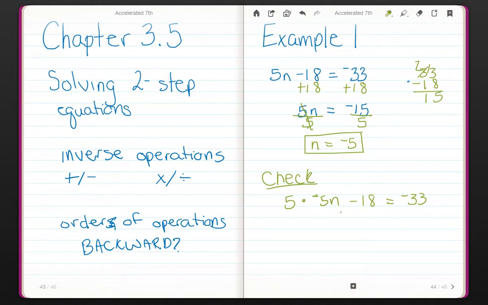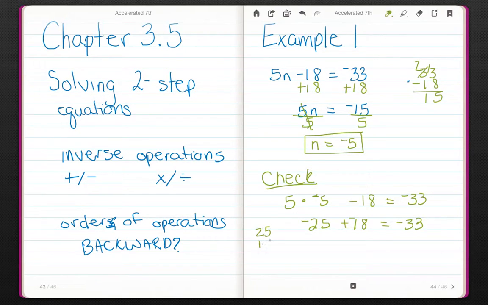Oh, not n, we solved for n. Let me erase that. So now I'm going to solve according to my order of operations. 5 times negative 5 is negative 25 minus 18 equals negative 33. I'm going to change this to adding the opposite.